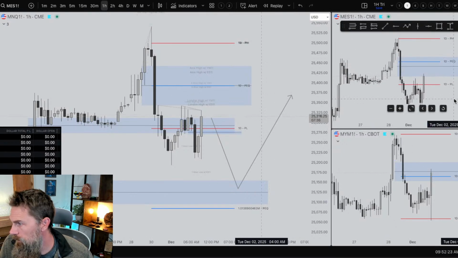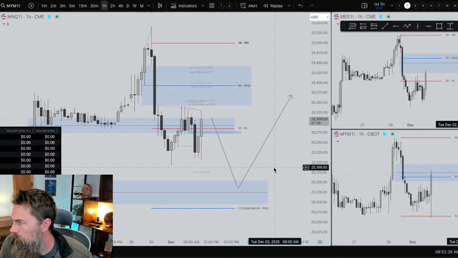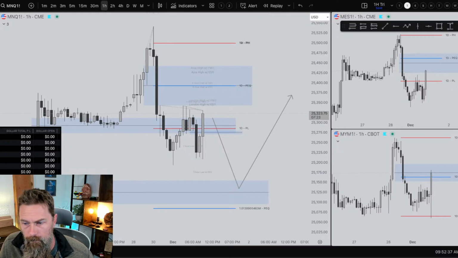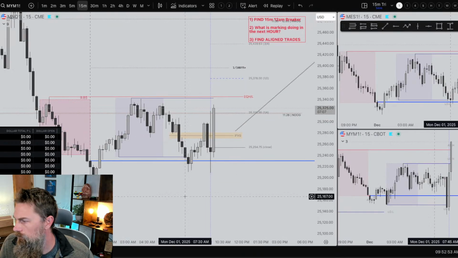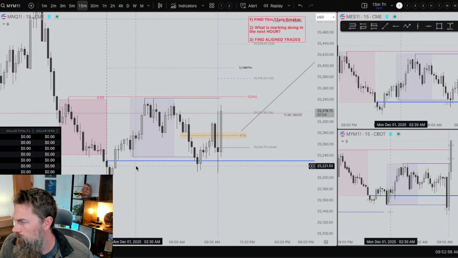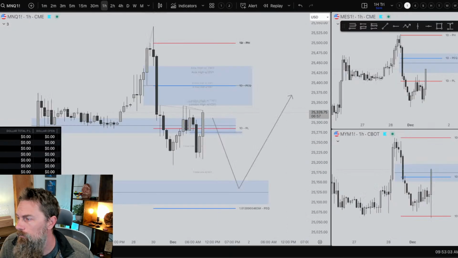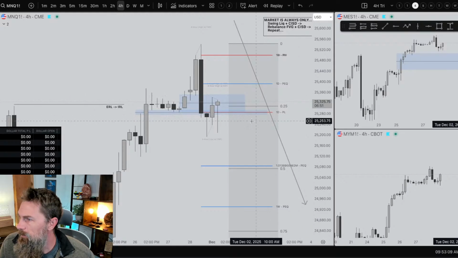ES is also doing the same. All right, 6 minutes left on this 4-hour candle.